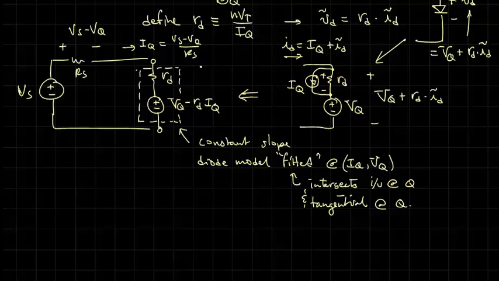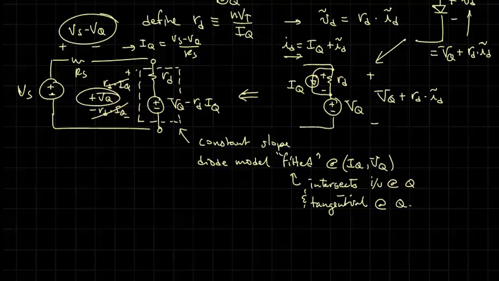And of course the voltage across here then is going to be RD times IQ plus VQ minus RD times IQ. So these cancel out, and you end up with just VQ, which is the voltage that we assumed it would be when we claimed that the voltage across the resistor would be Vs minus VQ. So this model works for the DC case, but it also works for the AC case.